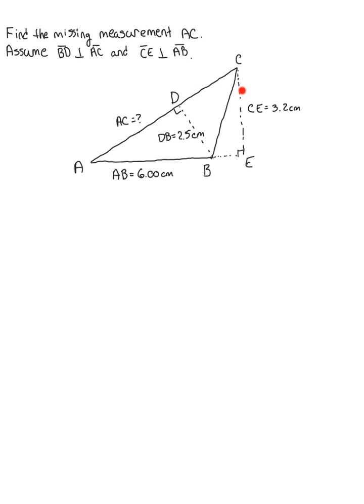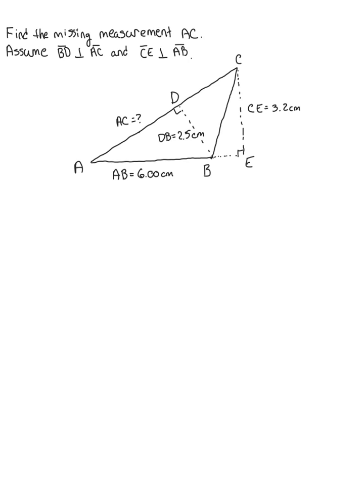If we could use the length of this side to find the length of this side, that would solve our problem. But we need to know the length of this part, and we don't. So we can't use the Pythagorean theorem in order to solve this problem.